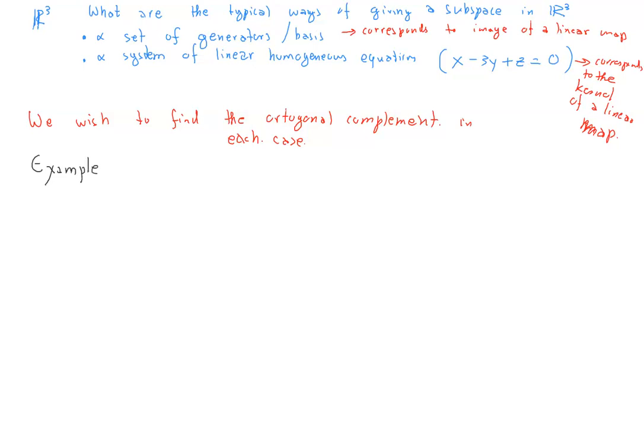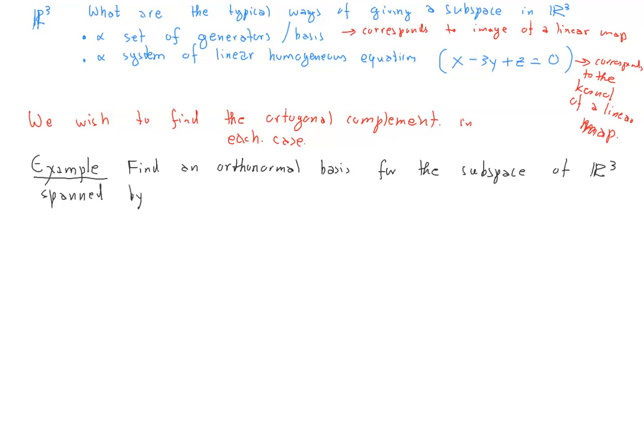So the first example, find an orthonormal basis for the subspace of R3 spanned by the vector 1, 1, 1. Okay, so we wish to find an orthonormal basis.